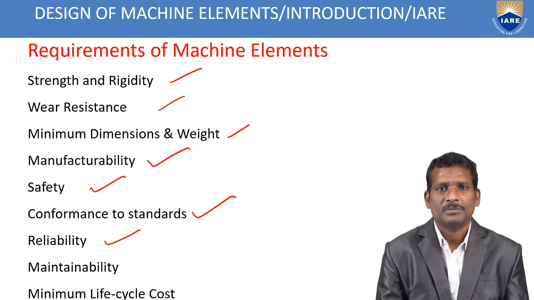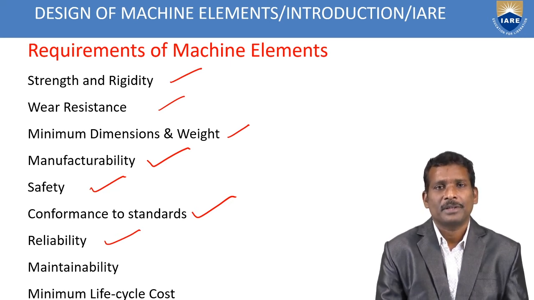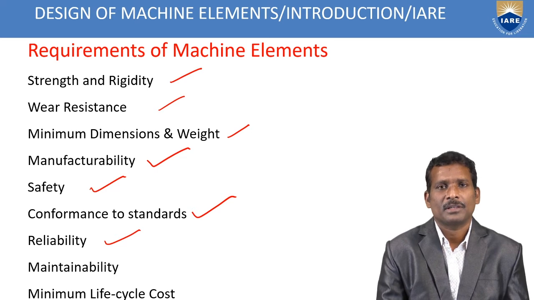Whenever you select or use the national and international standards, that product definitely should be reliable. Clear? So without following the above requirements, you can't say your designed product is reliable. Clear? So that's why the reliability property is also very important.